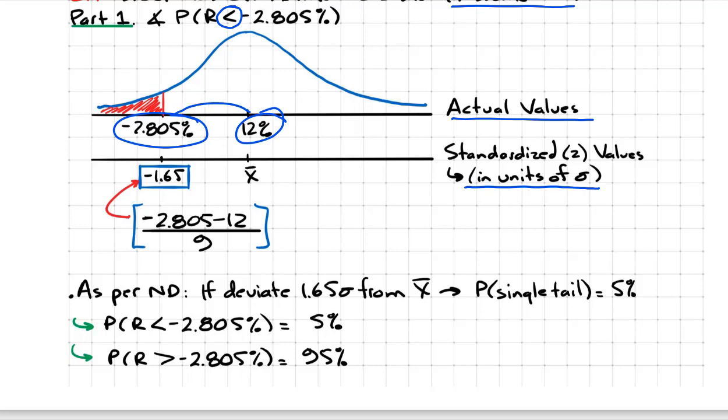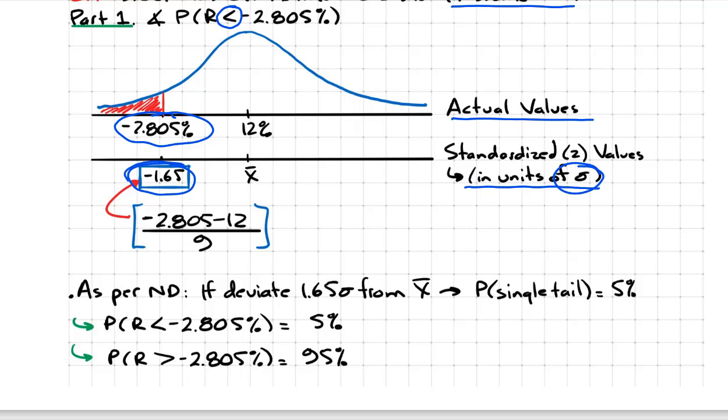If you want it in units of standard deviation, we have to divide it by the standard deviation. So the value of the standard deviation is 9. Therefore, the way to read this is as follows. This critical return is 1.65 standard deviations to the left of the mean.